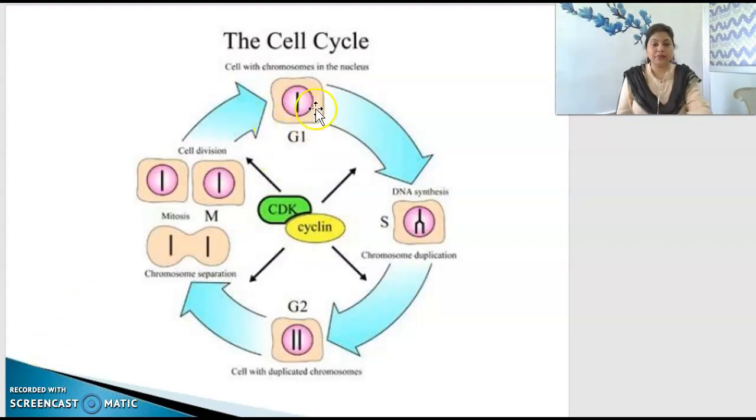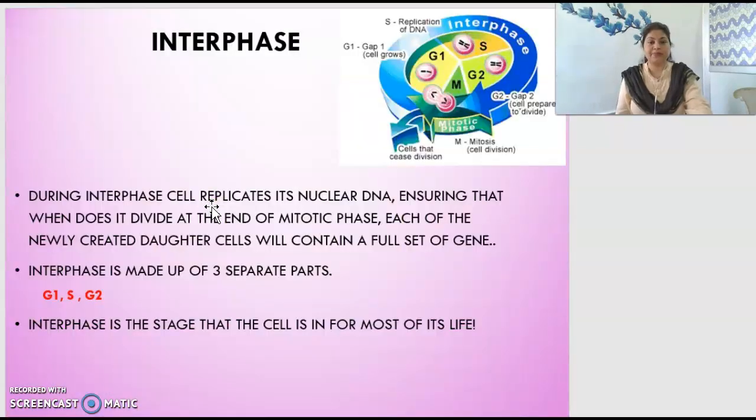It is composed of G1 phase, S phase, G2 phase, and M phase. G1 phase refers to the growth phase, S phase refers to the synthesis phase, G2 phase represents the second phase of growth, and M phase again represents the division phase where the cell division is going on.